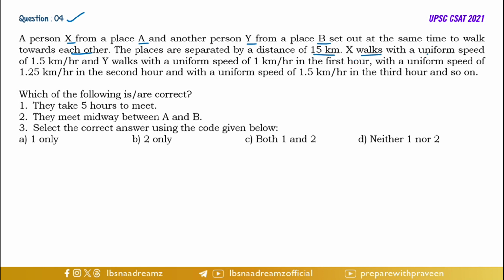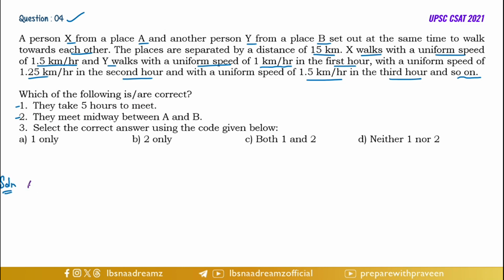X walks with a uniform speed of 1.5 km per hour and Y walks with a uniform speed of 1 km per hour in the first hour, with a uniform speed of 1.25 km per hour in the second hour, and with a uniform speed of 1.5 km per hour in the third hour, and so on. So which of the following is or are correct? We have to check whether these two statements are correct, right?